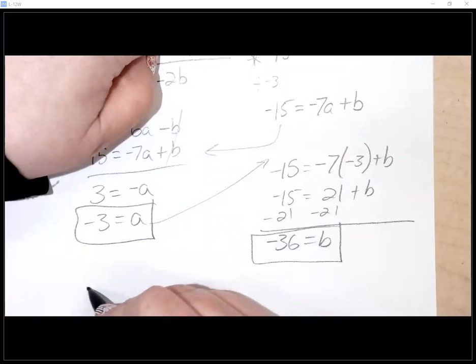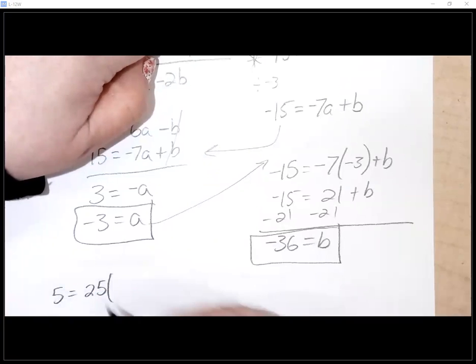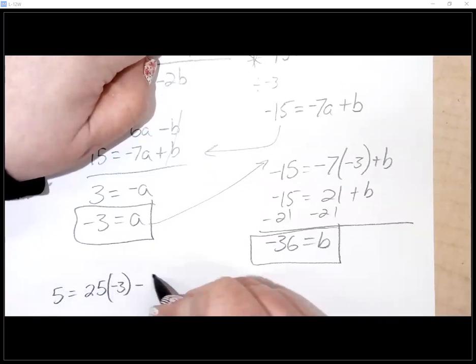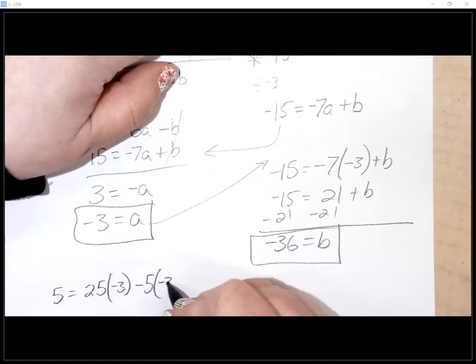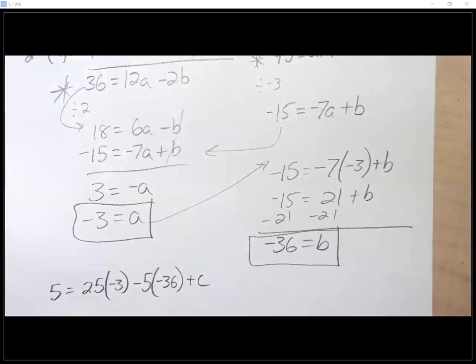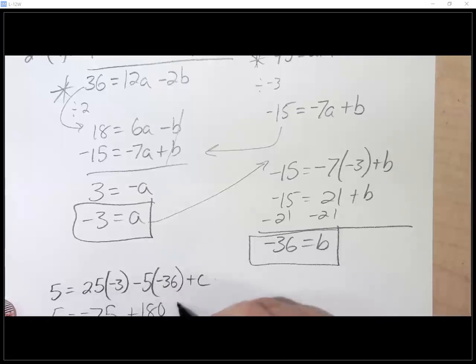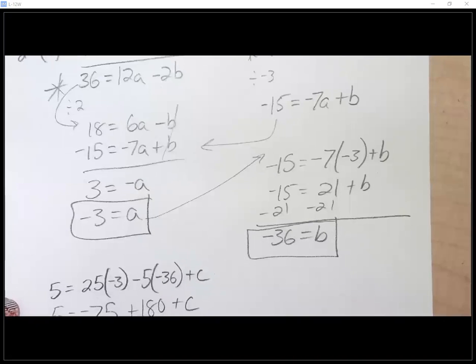So 5 equals 25 times A, which is negative 3, minus 5 times B, which we just found out was negative 36, plus C. I'm going to use my calculator to do some of the math for me. $180, and the negative 75 is 105.